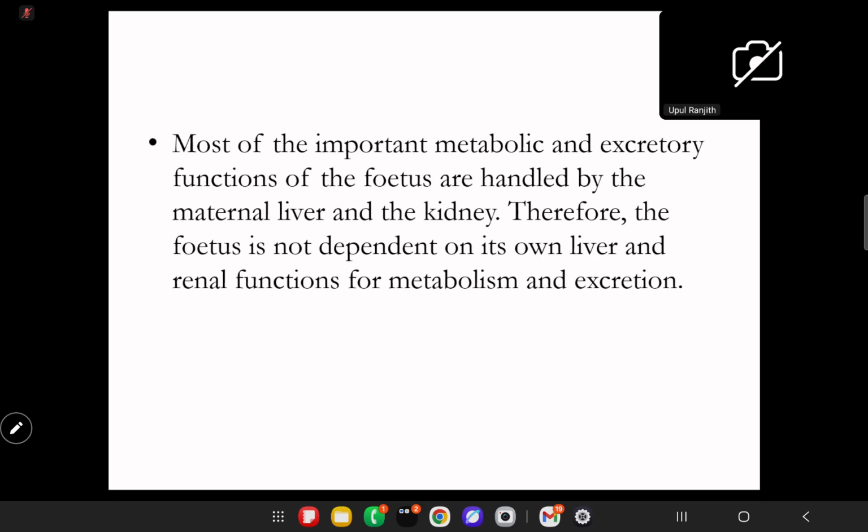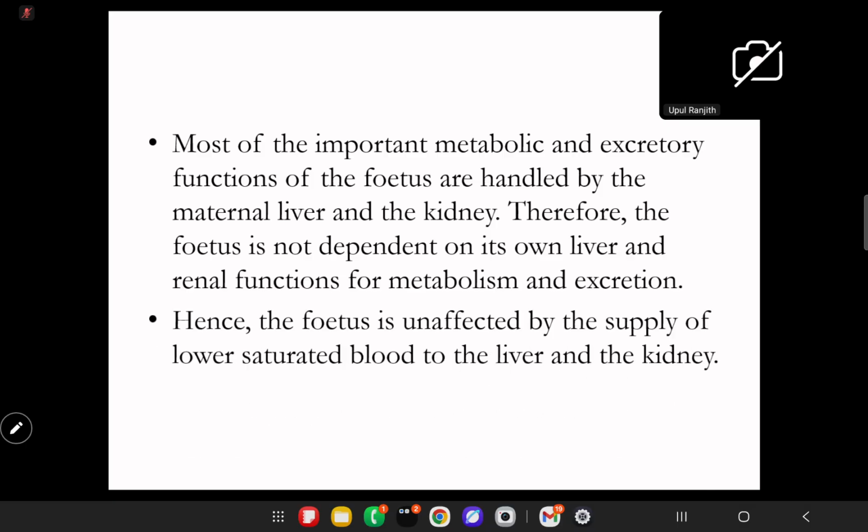The most important metabolic and excretory functions of the fetus are handled by the maternal liver and kidney.